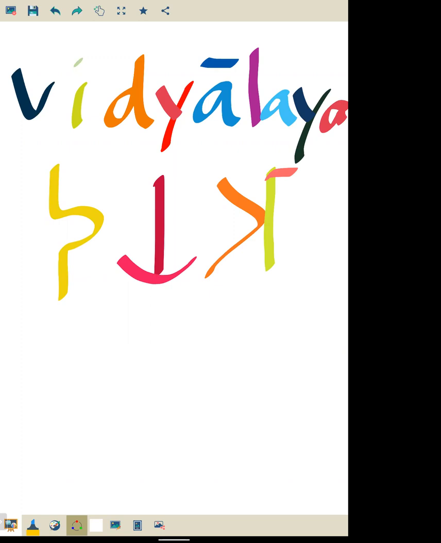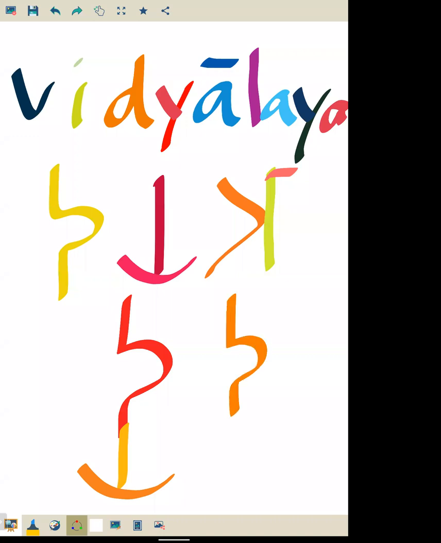So how to join them? If you join like this, the da and then ya, it will first of all take more space. So how can we write the da and ya? We can reduce, because on the stone the scribe has to engrave. That's why they developed a very good technique to combine the consonants.